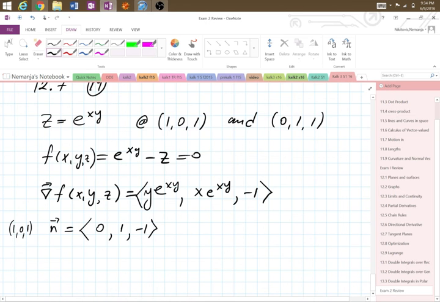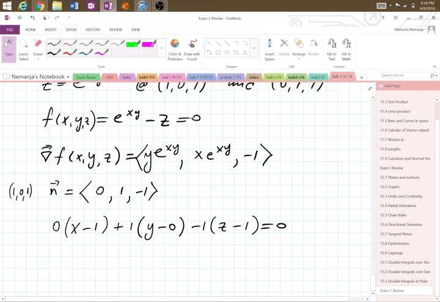Oh no, it's two problems here. Problem A, problem B. So now we're doing it at 1, 0, 1. So we just need to write out the equation now. Starting with 0 times x minus 1 plus 1 times y minus 0 minus 1 times z minus 1 equal to 0.